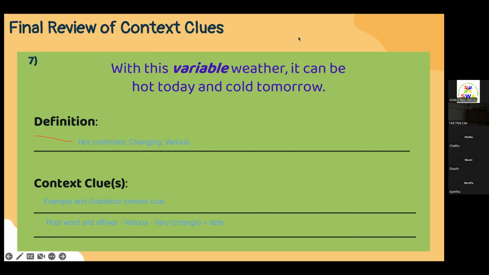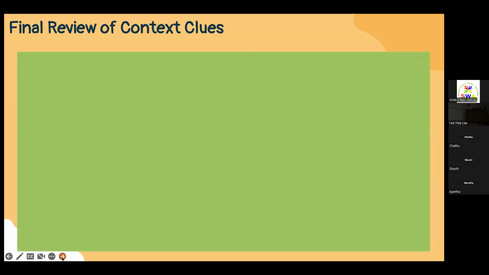So there are two context clues being used here. Okay, this is interesting. This is simple, but I think you can figure out two different types of context clues being used. Okay, so the next question for this easier one.